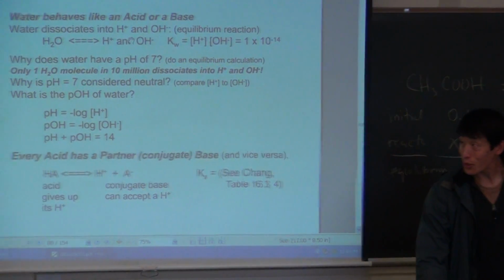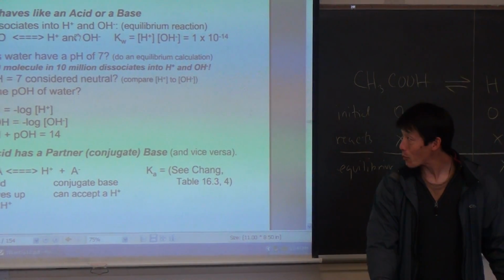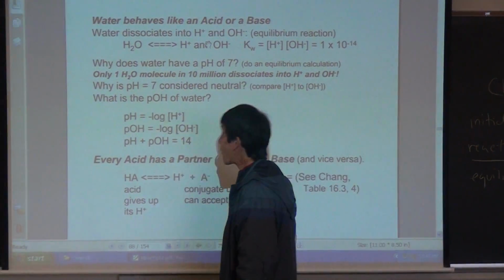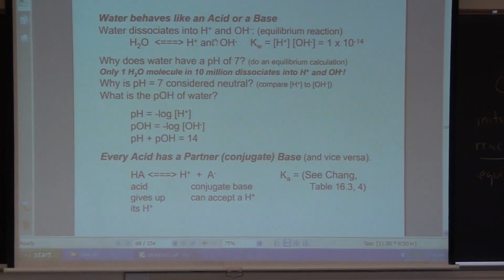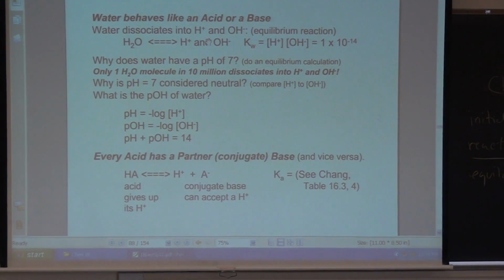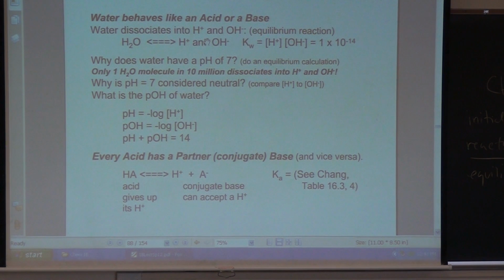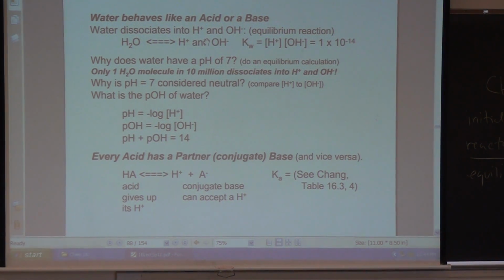So this is a review from Tuesday. Water behaves like an acid or base. Why does water have a pH of 7? And how do we know what the H plus and OH minus concentrations are in water?